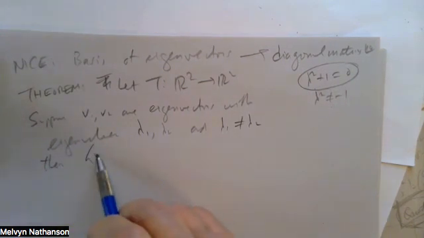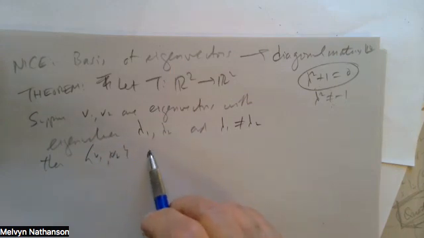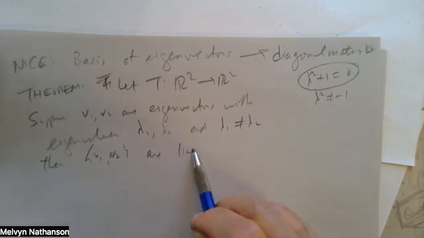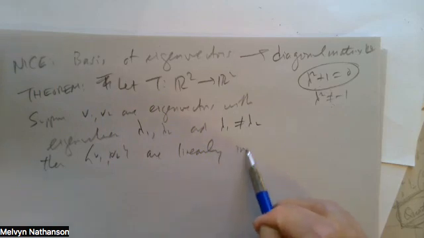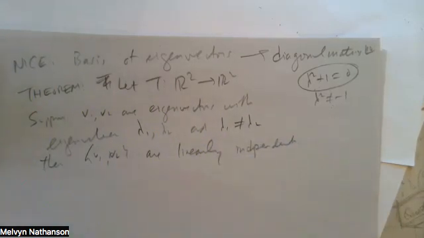Then V1, V2, these two vectors are linearly independent. So if you do have two different eigenvalues for your linear operator, then we know by this theorem that they form a basis for your vector space, and your matrix will be diagonal. So let's prove this.